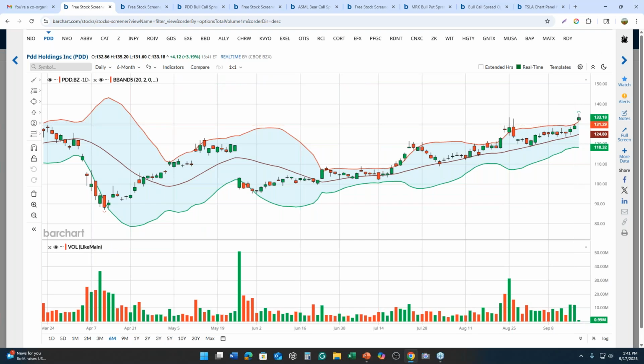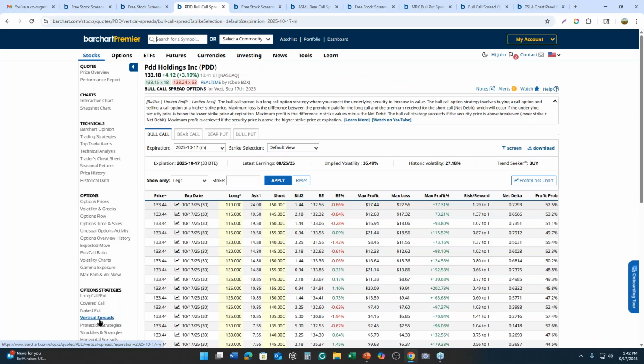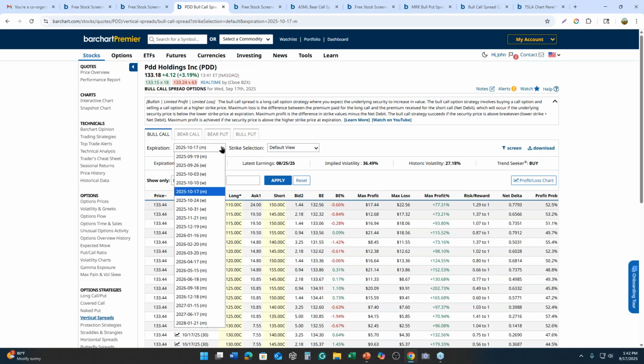So let's go to Pindu, and I'm down now under vertical spreads. We're looking at the bull call spread. Again, I don't know if this is going to be a quick volatility event or it's going to be carry, but anytime I'm paying for options or I'm buying for volatility, I really want to have some time play out.